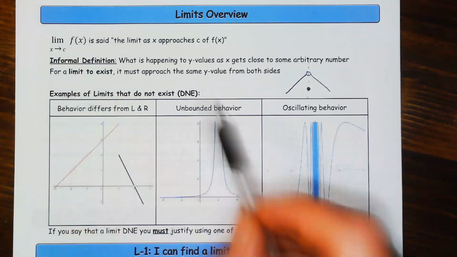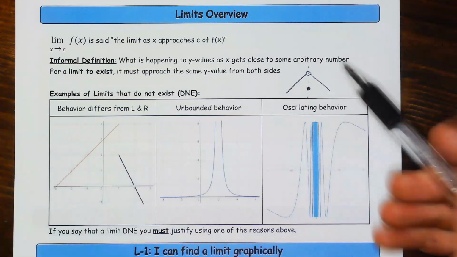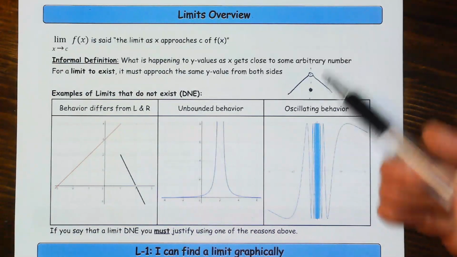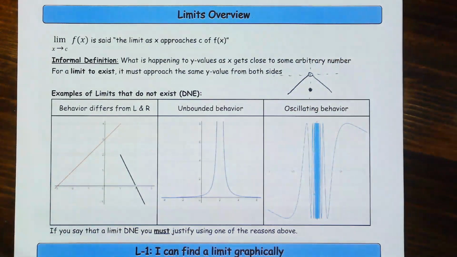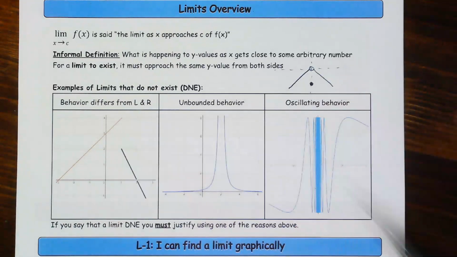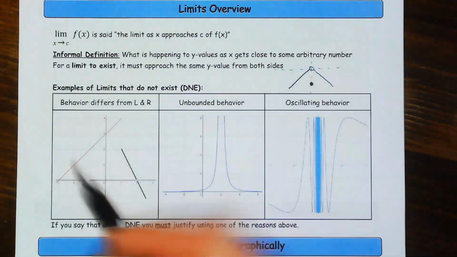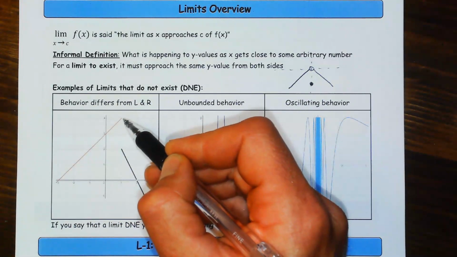All right, next thing. For a limit to exist, it must approach the same y value from both sides. Okay, so I'm just going to jump right in. This limit would exist because I'm going to the same y value from the right and the left. Examples of how a limit does not exist is if behavior differs. So on this one, the red line, I am getting closer to 4, right?